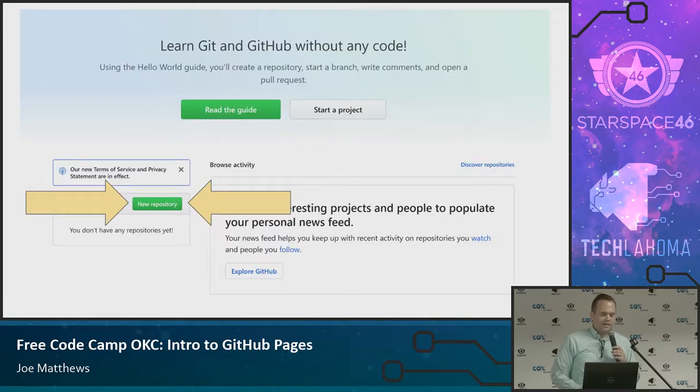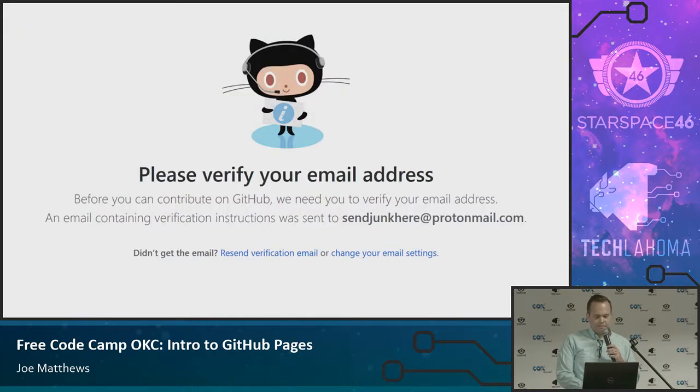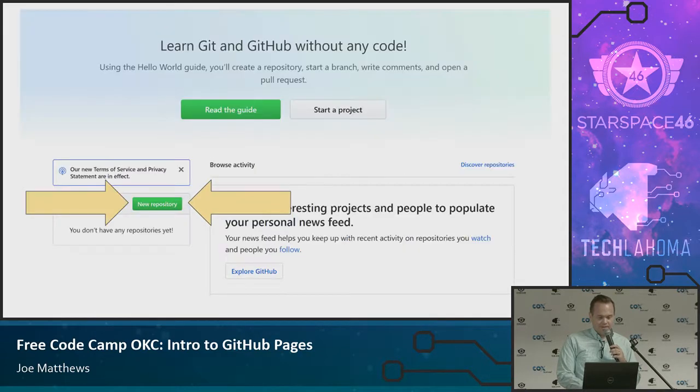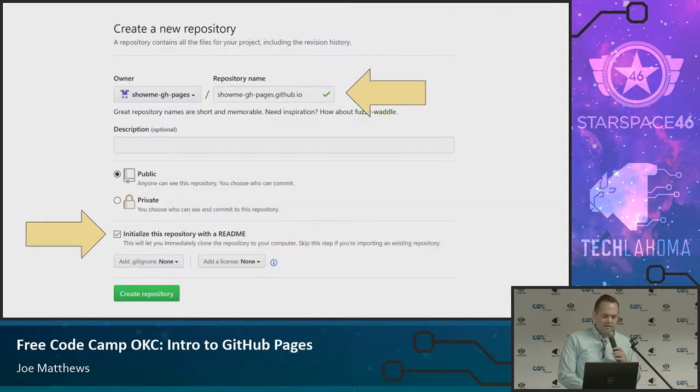All right. So to get started with that, go ahead and click on New Repository, and then you're presented with, oh, okay. Yeah, we have to verify the email address. Can never skip that. So go ahead and click Verify Email Address, and then you're popped back here. Go ahead and click on New Repository again. And then go ahead and plug in the same thing I did on the tutorial before. You type in, in this case, showme-gh-pages.github.io.